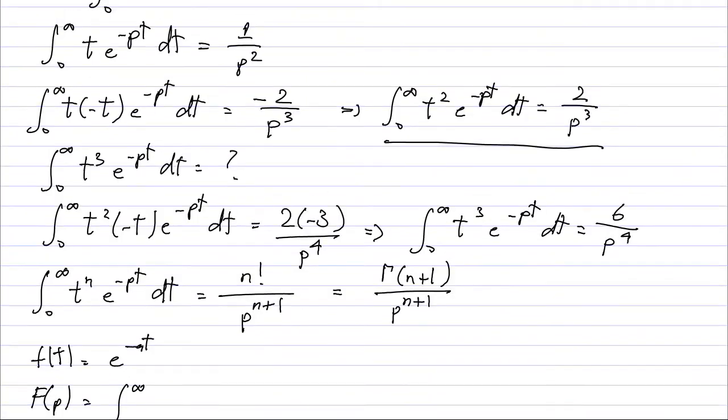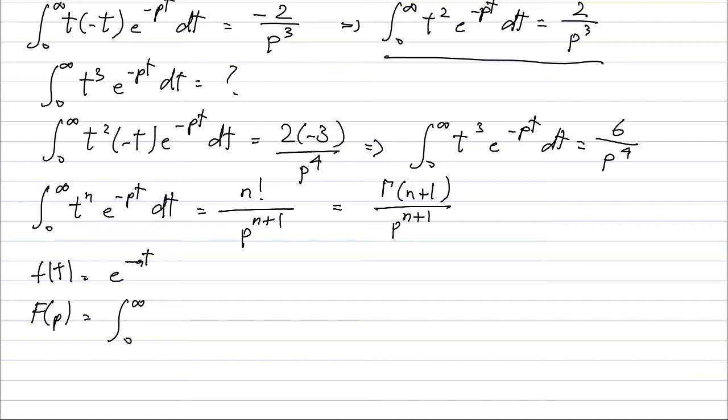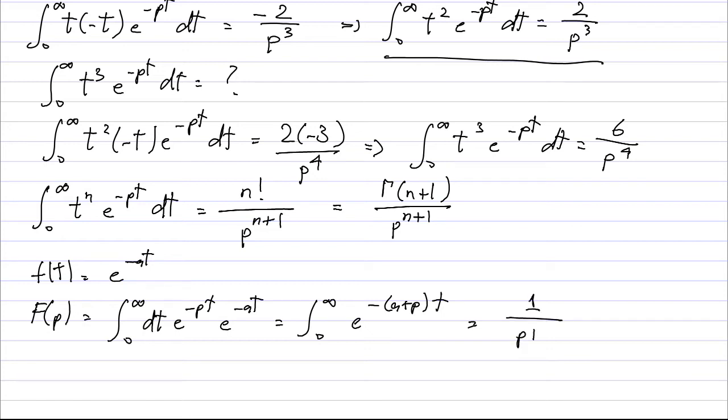Okay, so given this function, again you just use the definition: e raised to power minus at, and this is of course the integral from 0 to infinity of e raised to power minus (p plus a) times t. Previously we integrated e raised to power minus pt, now I'm integrating e raised to power minus (p plus a) t. This thing is just going to give you 1 over p plus a.